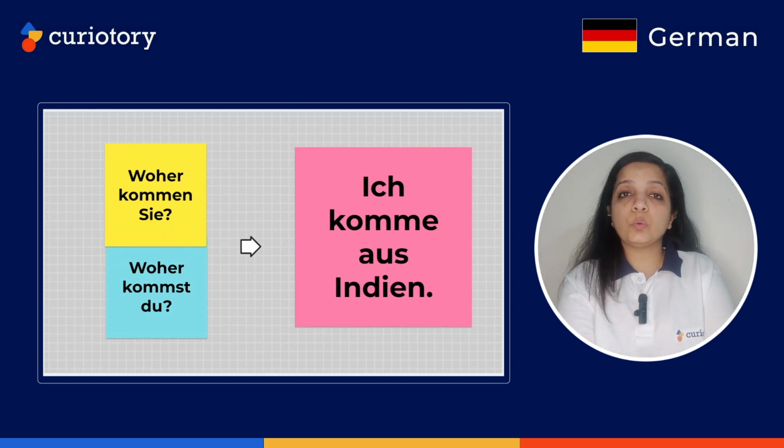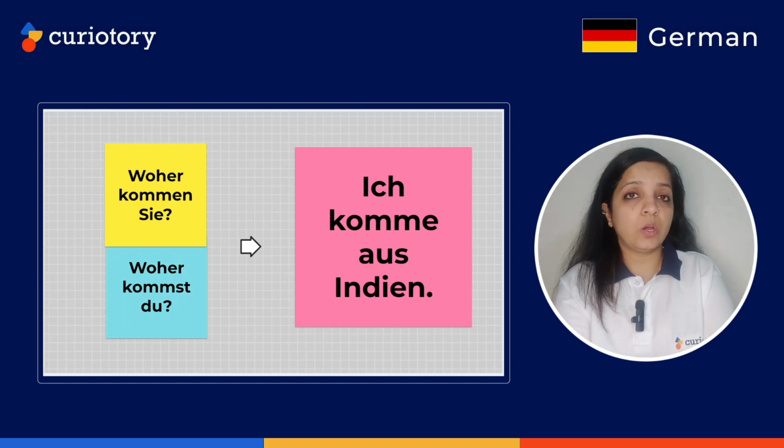when we need to know that a person belongs to which place or what is the origin of that person, the place of origin of that person, that time we'll ask the question, Woher kommen Sie? Where do you come from?